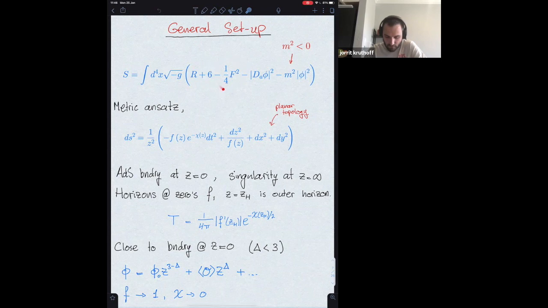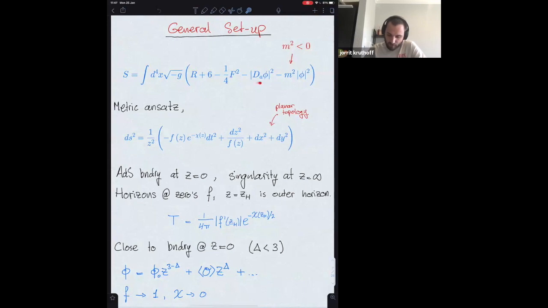Then there's the Maxwell field. Then here we have the scalar field kinetic term and then a potential term. And here generically what we will consider is the mass square being negative, but still above the BF bound. So these are fine scalar field profiles.